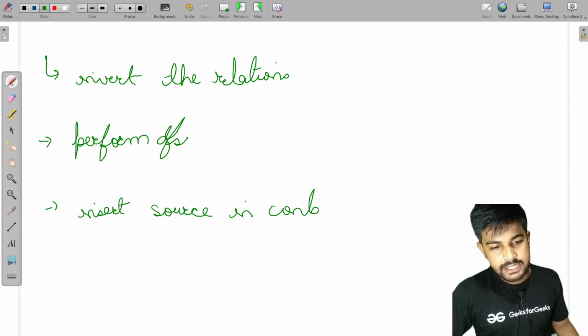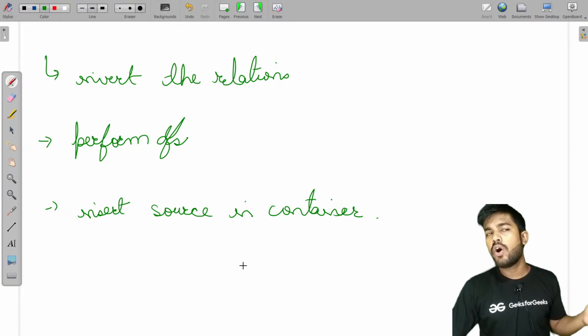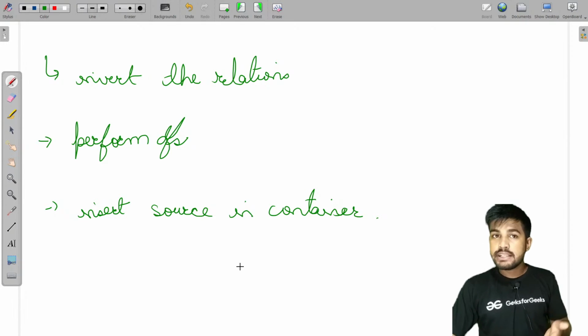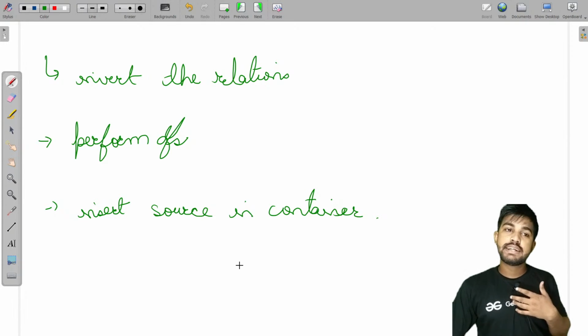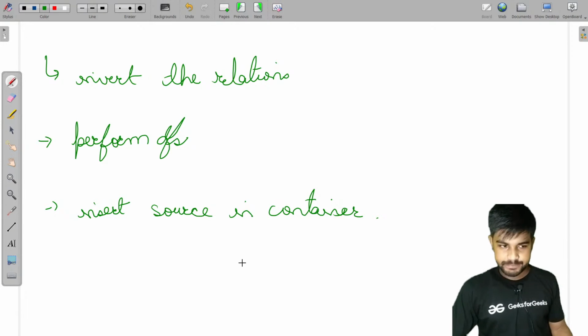I would be writing container. Why? Because it might be the case that you are entering in a vector or a string, whatever be the case. In this case, we are inserting in a string, but most of the times we are inserting in a vector, so I'm generalizing it by saying container.